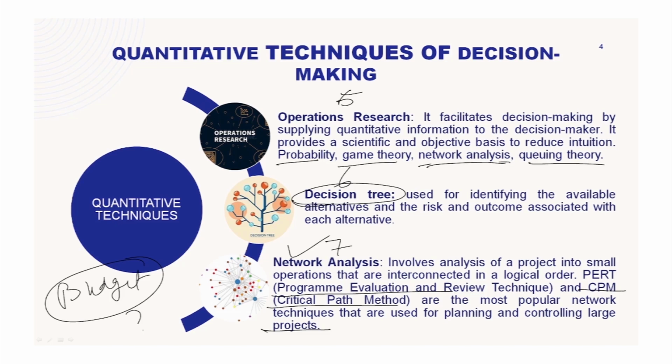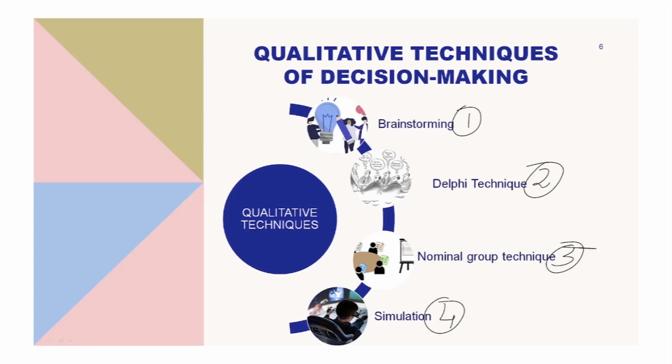And if you are not certain about the objective of the decision, then you can use the decision tree. So it totally depends upon the type of decision, the type of operation, the type of complexity, and the type of budget the company is having.